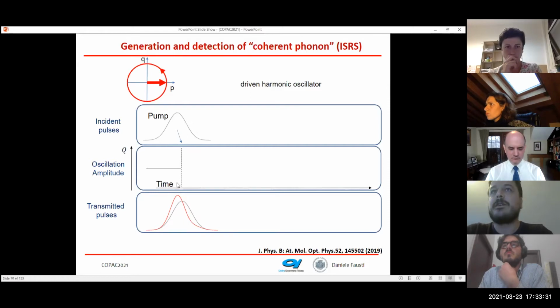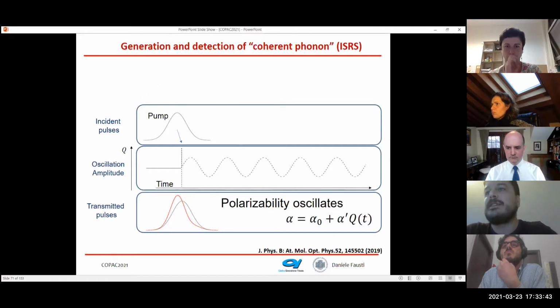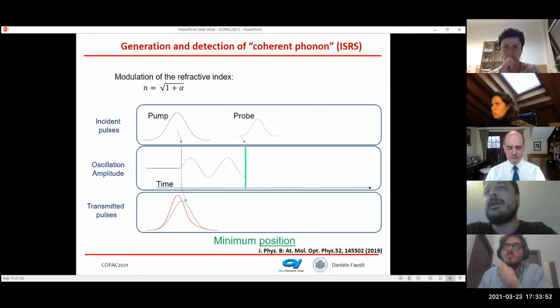And then as the phonon evolves, you can come in at different times and different processes come in at the same order. One is the modulation of the dielectric function in terms of the phonon coordinate. If you come in at the maximum or minimum of the position, depending on which side you look at, your scattering process doesn't do much to the phononic states.